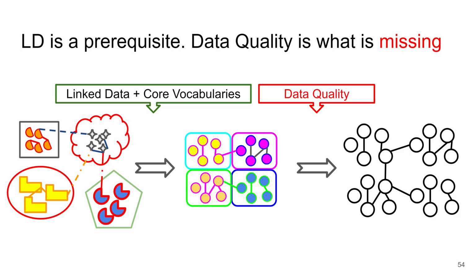So linked data is a prerequisite for the true web of data, but it is not enough. We need to think about data quality, which has many dimensions, and we don't have to go into that right now. This is just to illustrate that linked data is not the ultimate goal. It is just a prerequisite for a true web of data.